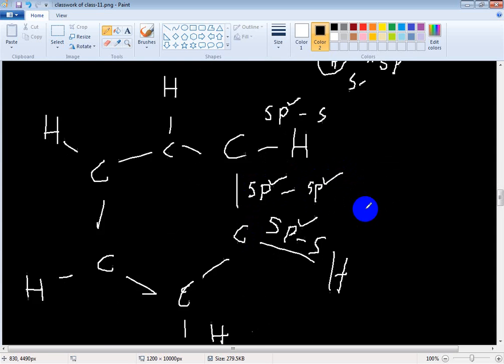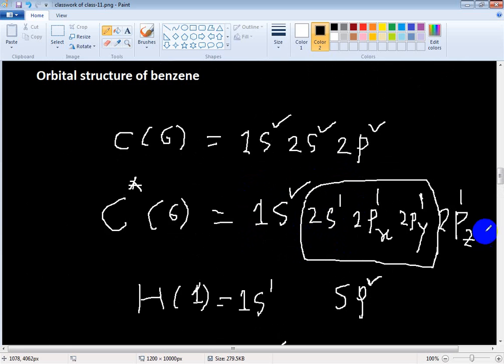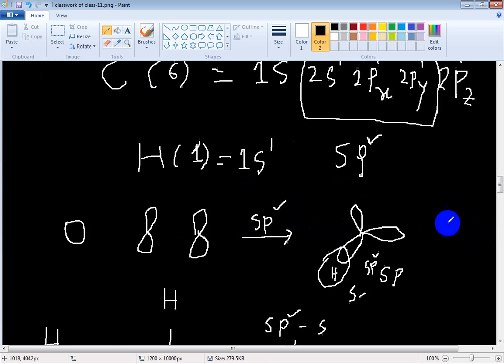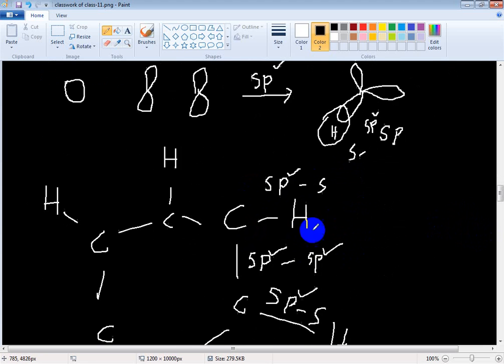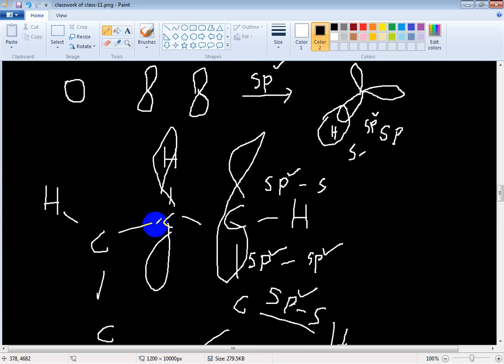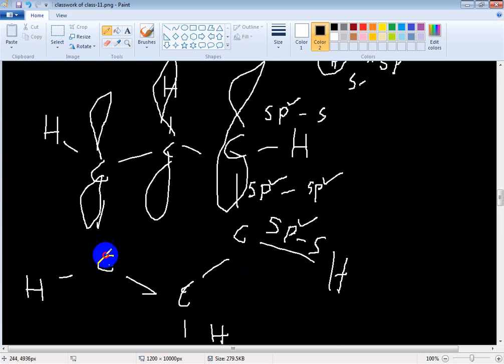Okay, we have already seen that one unhybridized p orbital remains on each carbon.